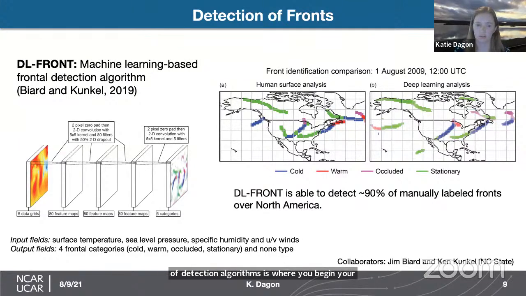For this front detection, they were able to leverage a human labeled data set from the National Weather Service that I'll talk more about on the next few slides. But it was limited spatially to North America. So hence the reason for the change in spatial domain, but importantly, they were able to use those human labels of fronts to validate the performance of the front detection.